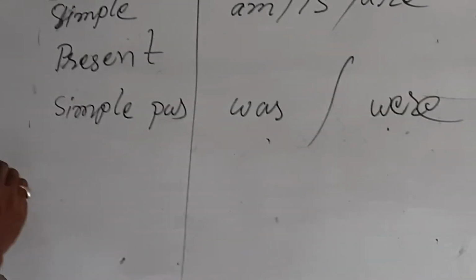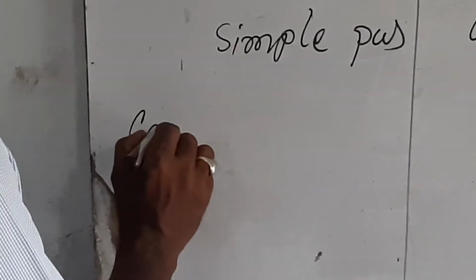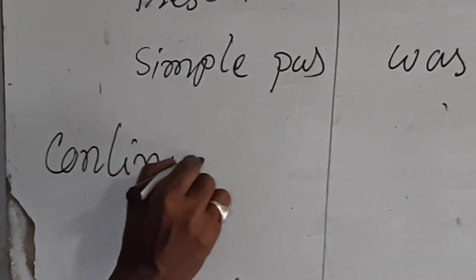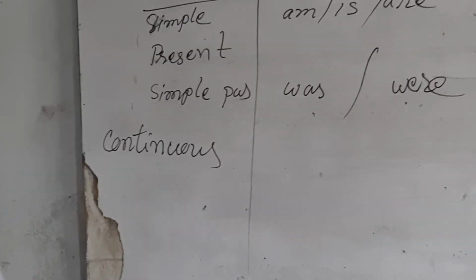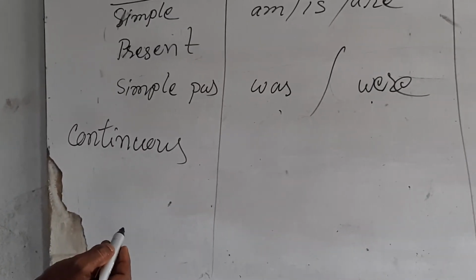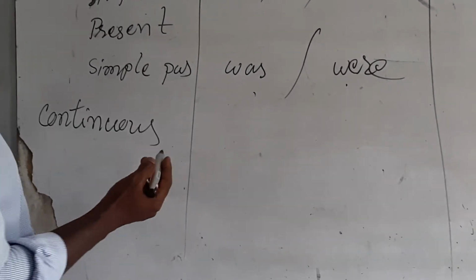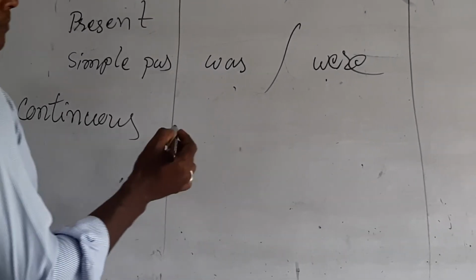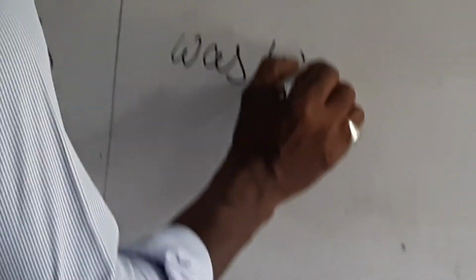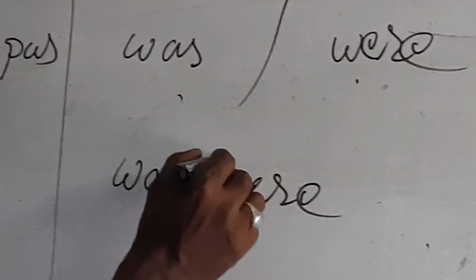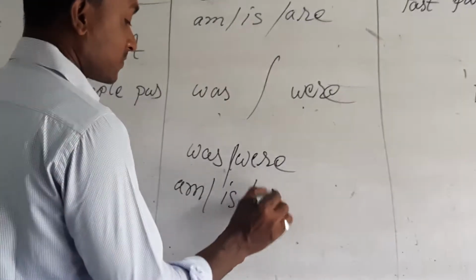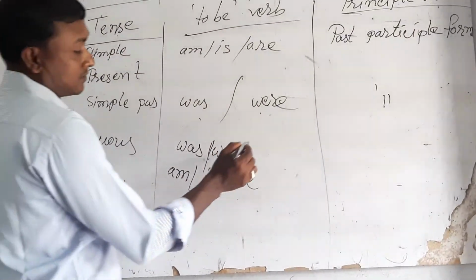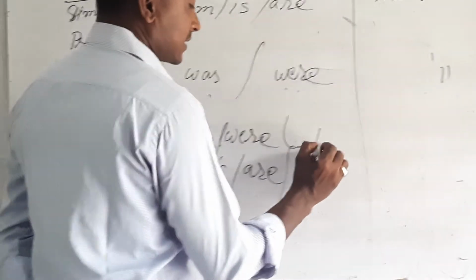Continuous. At the time of changing continuous tense, whether present, past or future continuous, they take the to be verb am, is, are, was, were along with being.